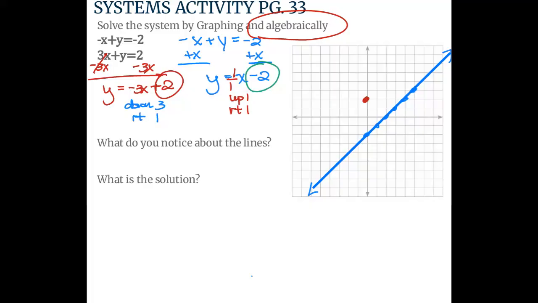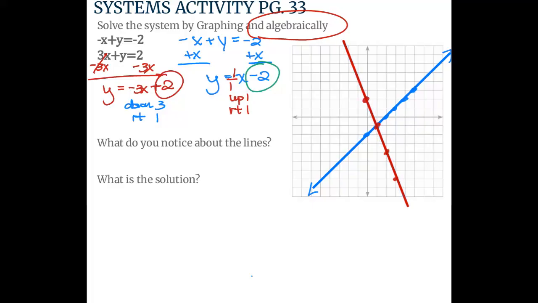So from that spot, down 3, to the right 1, down 3, to the right 1. I usually like 3 points at least. You really only need 2, but 3 makes it really solid.